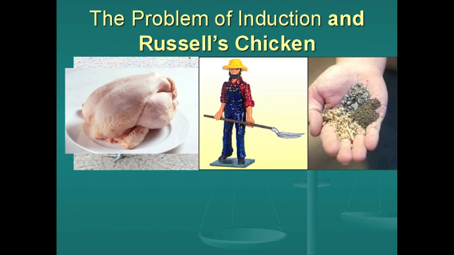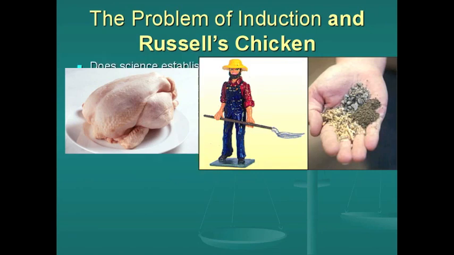Or for that matter, even if we're not doing science, even if we're just talking about our common sense folk theories about the way the world works, we seem to draw on this idea that we can confirm these theories through experience. But we're doing the exact same thing that the chicken is in these scenarios. And if the chicken is wrong, then maybe we shouldn't be quite so confident about our own conclusions.